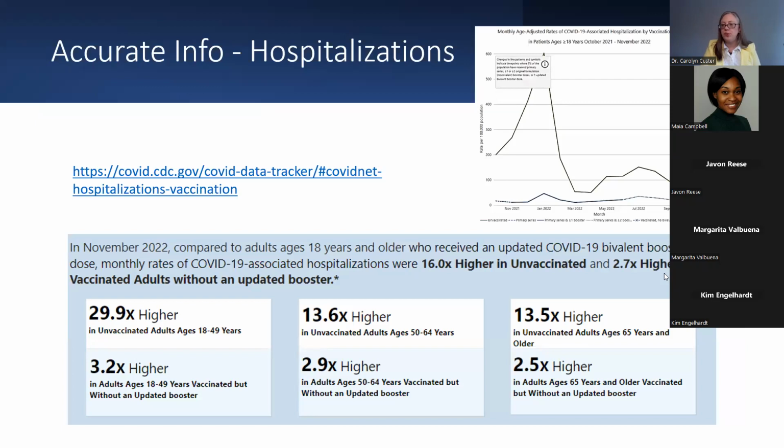So I just wanted to pull a little bit of data. This came out in November, I believe. And this might still work for some people that are vaccine hesitant. It is still true that there's a much less likely chance of being hospitalized if you had the vaccine, 29 times higher in unvaccinated adults.